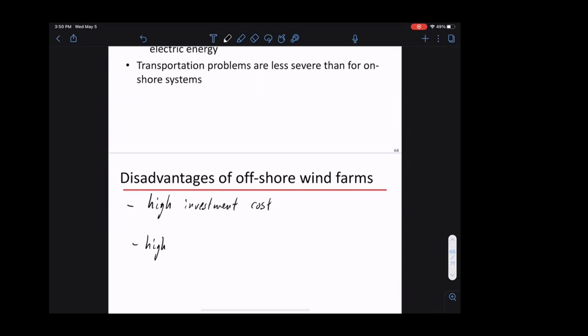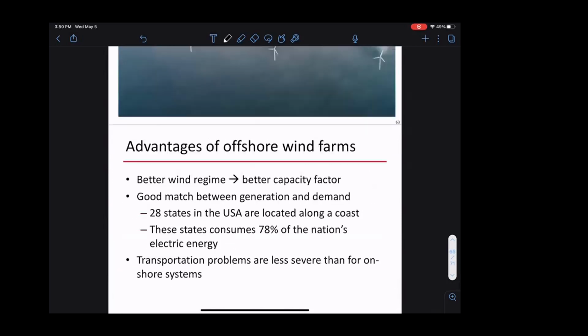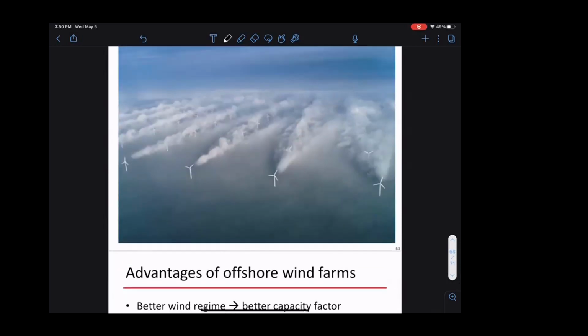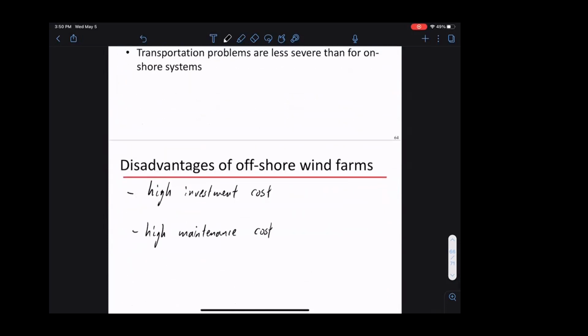And really, another thing is high maintenance cost. It's really hard to maintain a wind turbine that's out there, right? How do you fix this? If something breaks, how do you go about fixing it? Okay? So maintenance is really hard to do, really challenging. And so that leads to a lot of reliability problems.